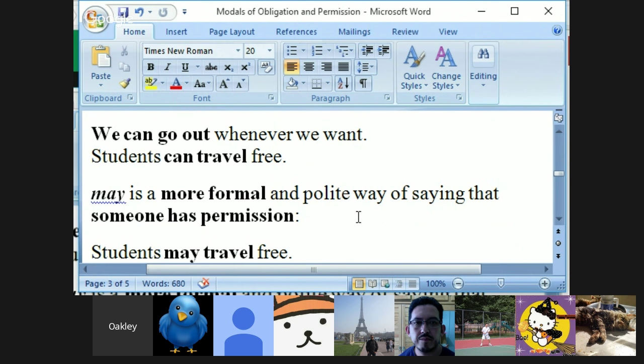So students may not travel free. Yes, there is a negative version, and you certainly may say may not. No, it's not even grammatically correct. I've never even seen it spelled before. So strangely enough, it doesn't really exist.